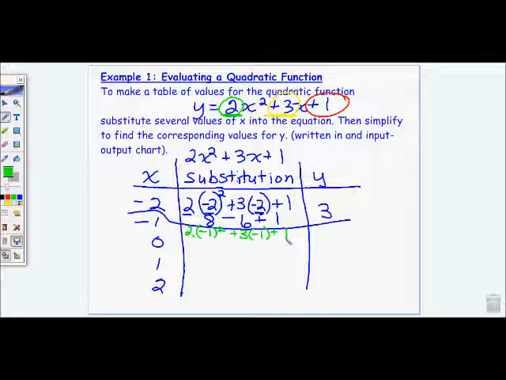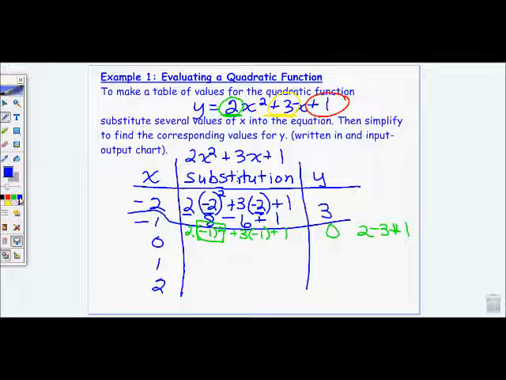Sorry, mistake, I forgot I was squaring it. I need to do negative 1 squared first. Negative 1 times negative 1 is positive 1, times 2 gives me 2. Plus 3 times negative 1 will give me negative 3, plus 1. So I have 2 minus 3, which gives me negative 1, plus 1, which gives me 0.